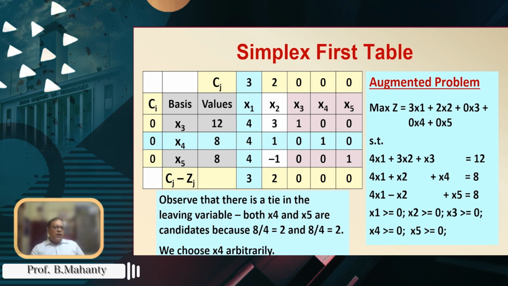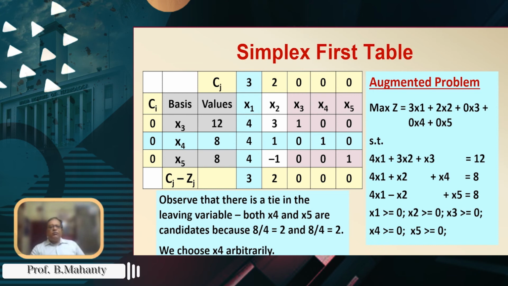One of them will come into the basis, right? That will remain in the basis. So if x4 leaves, then x5 remains in the basis, x1 comes into the basis, and the other variable, that means x5, would then assume a zero value.